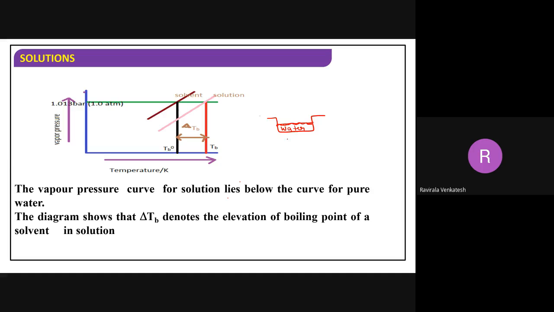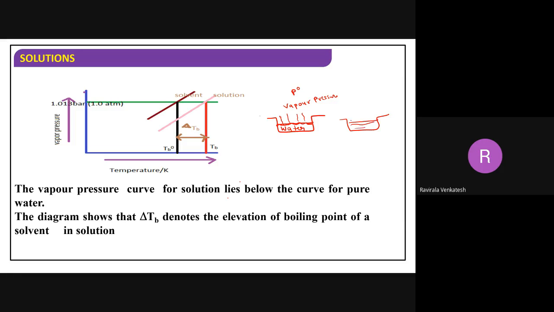Now, before any addition of solute, what happened? This is getting evaporated, so we got some vapors here. Now it will have a vapor pressure, because of this vapor. So that is nothing but P naught. Okay.